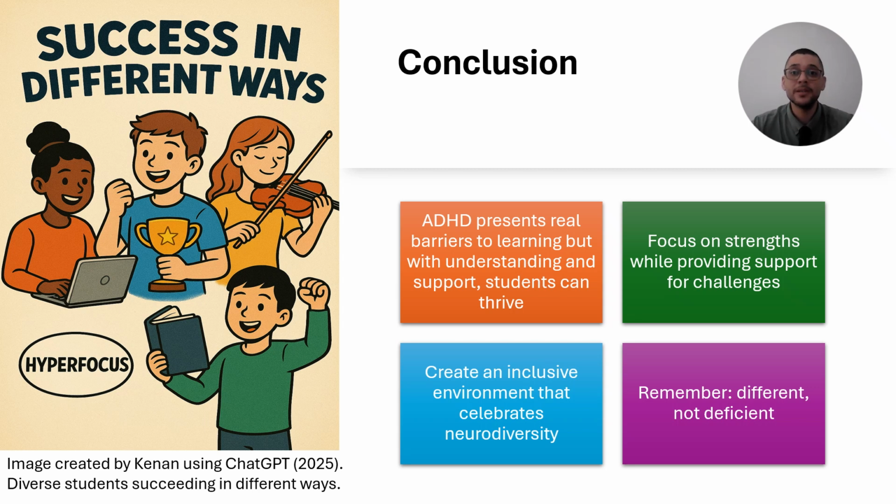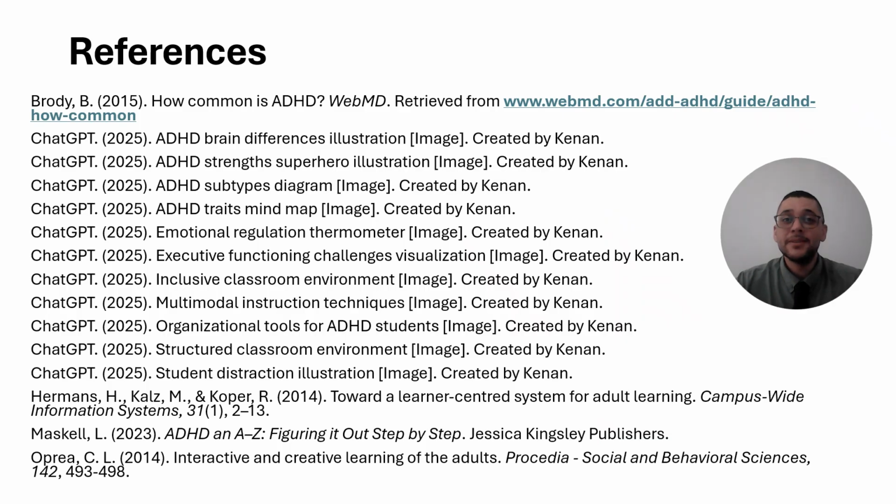With the right support, students with ADHD can harness their unique cognitive style to achieve remarkable success. Our role as educators is to help them discover and develop their potential, rather than trying to make them fit a standardized mold.